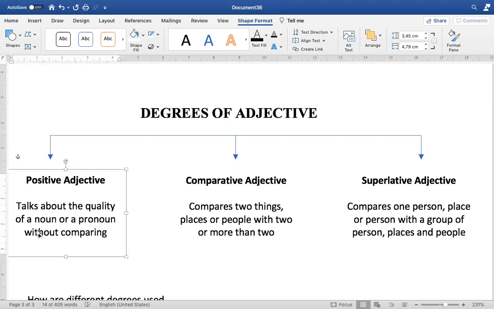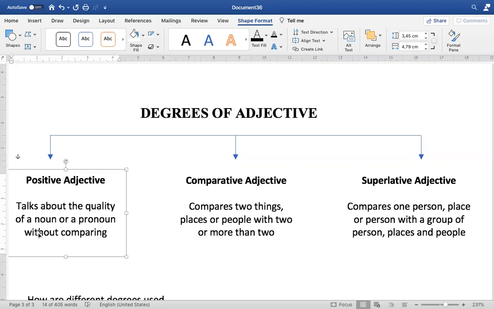We only describe it. Therefore, if you would like to compare, then we will have to use the comparative adjective, and the comparative adjective is used to compare 2 things, places, or people. Imagine I've got 2 markers, a green marker and a red marker.